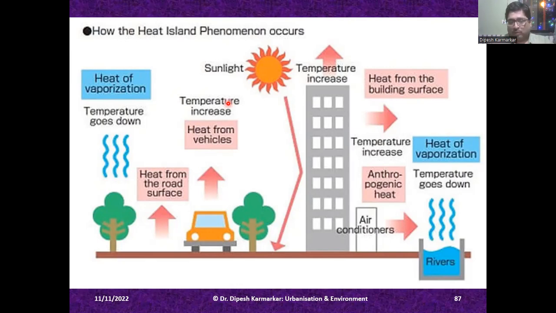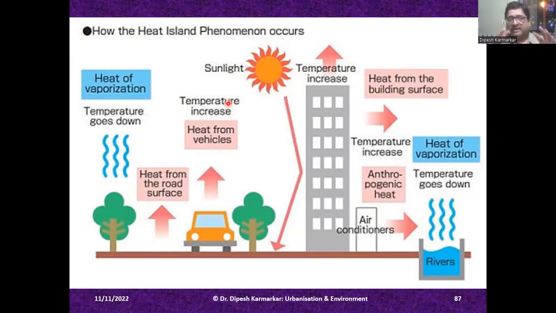So the way there are sources of heat, there are also sources with which the temperature can be brought down. But again, as you know, the problem is that in the wake of urbanization, construction, development, we remove the trees, and a number of water bodies get polluted. Many a times smaller water bodies like lakes and ponds are reclaimed and used for construction, right?